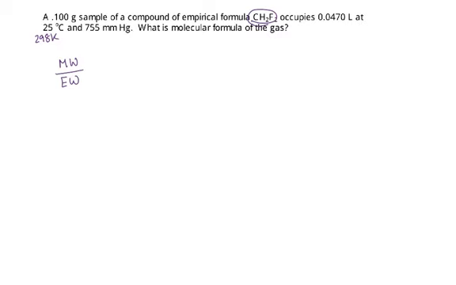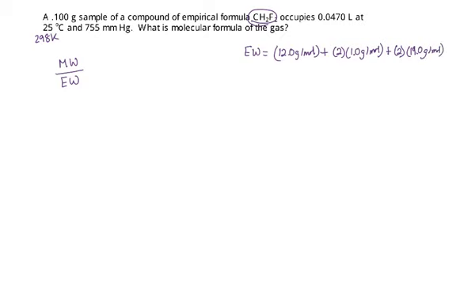So the empirical weight is going to be equal to carbon is 12.0 grams per mole plus 2 times hydrogen is 1.0 grams per mole plus 2 times fluorine, which is 19.0 grams per mole.